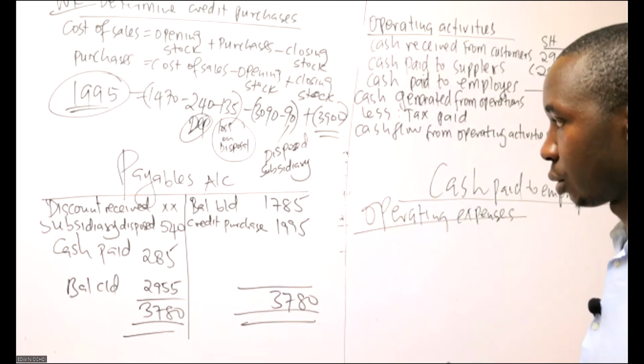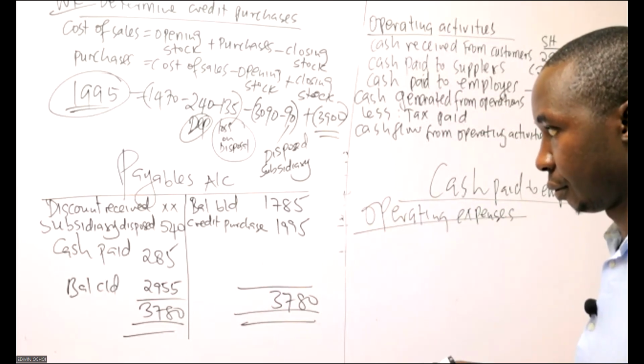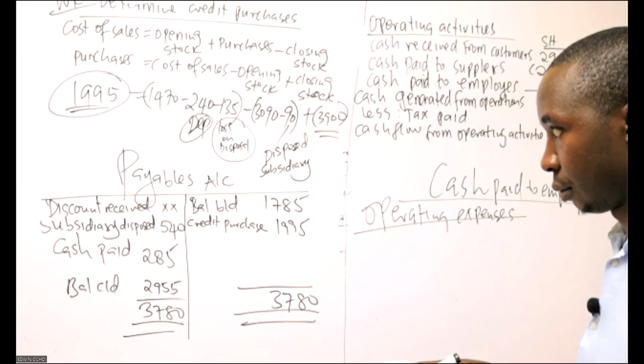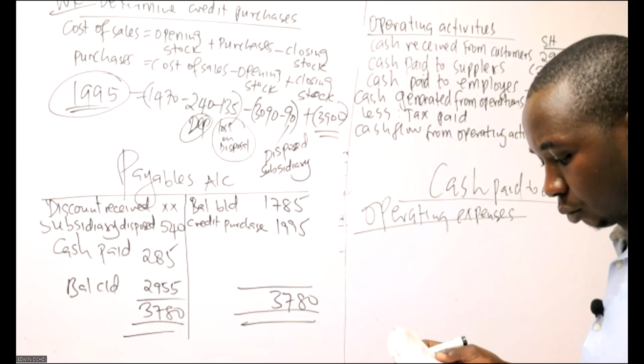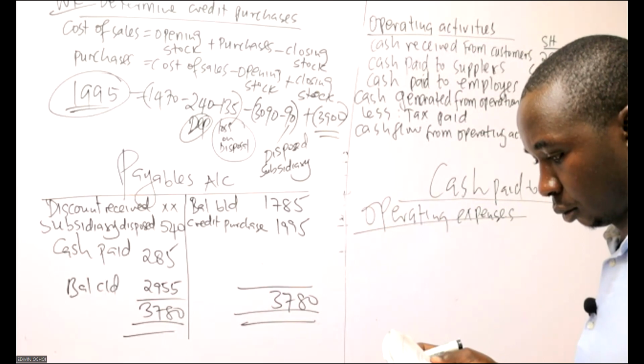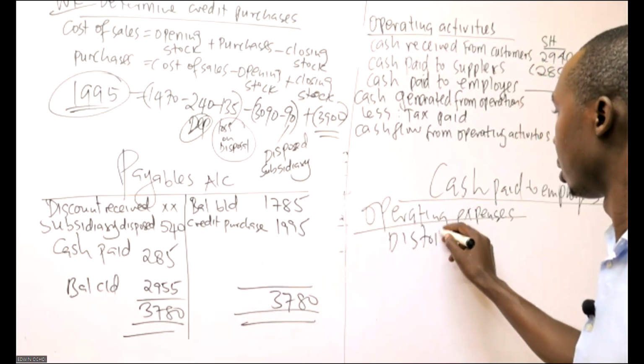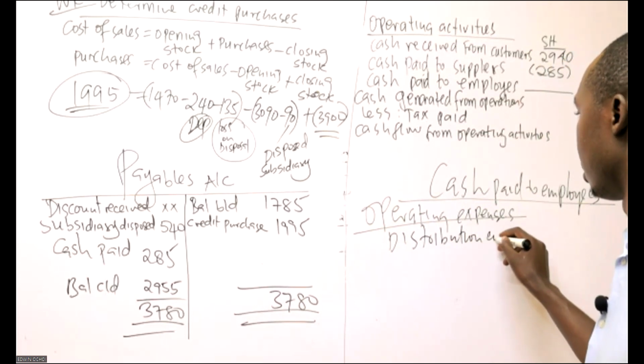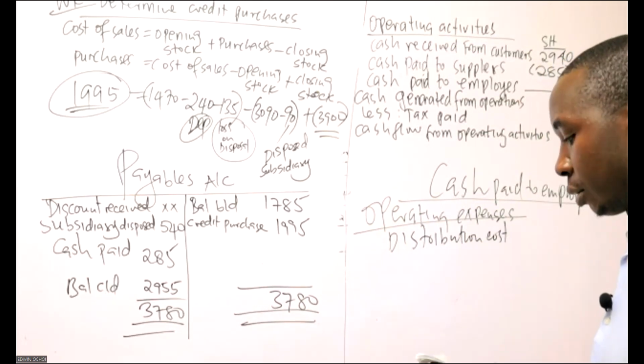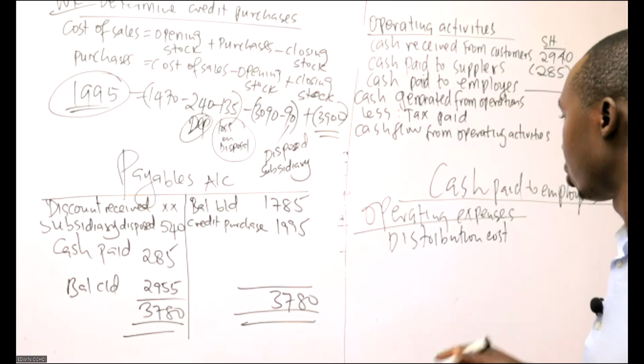So the operating expenses we have is, so distribution costs 240.